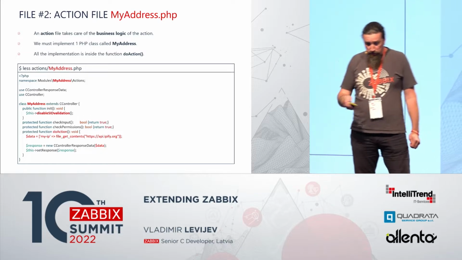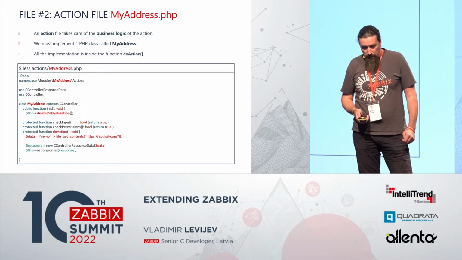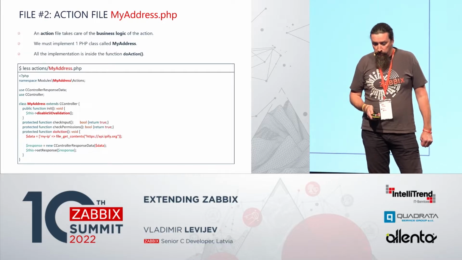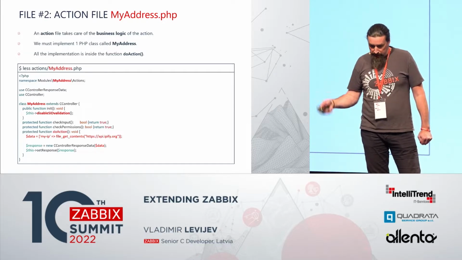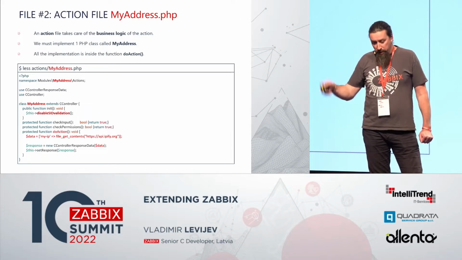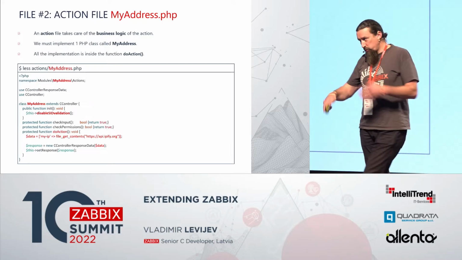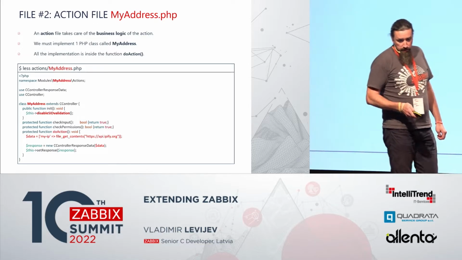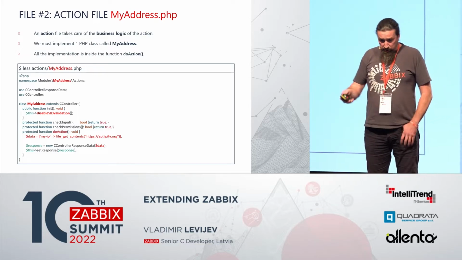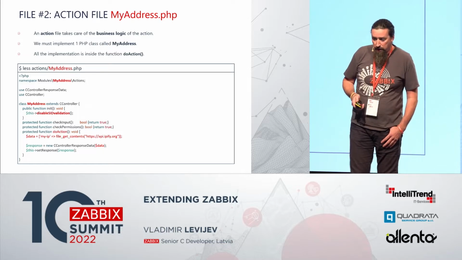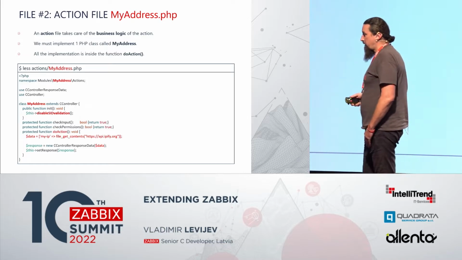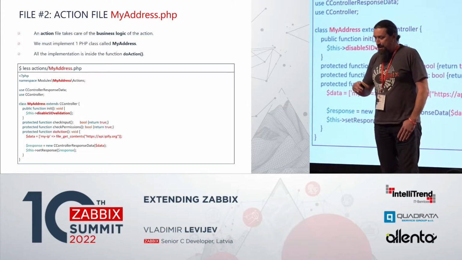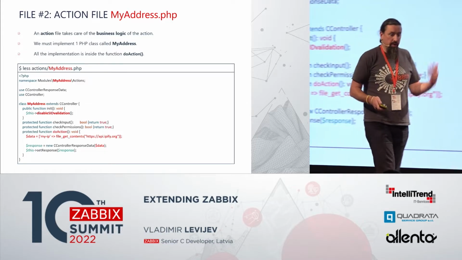In the doAction function, we make one call, and whatever we get, we put into the CControllerResponseData PHP class, which will direct this data to the view. And what we do here also is we disable the session ID validation. This is because we don't want to deal with passing that session ID in our URLs. In our case, it's only one URL.